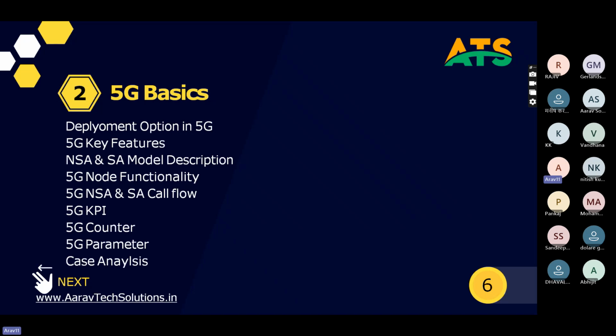Apart from LTE, we are going to cover 5G basics as well. In 5G, there are different deployment options. In our session, we are going to cover how it can be deployed and what options are available in our network, and how the operator takes preferences, either an SA network or an NSA network.